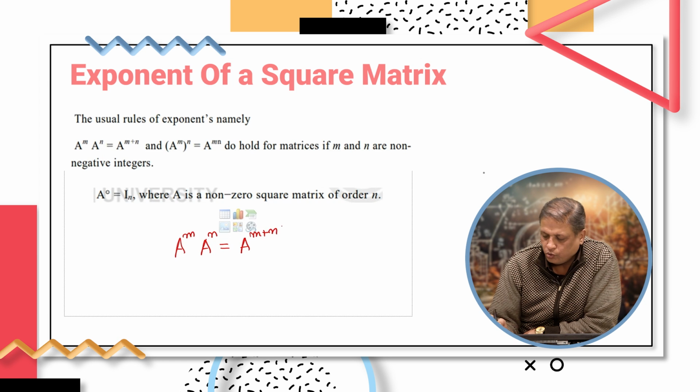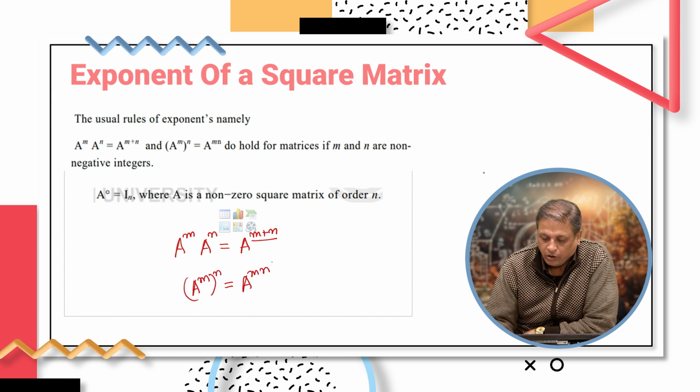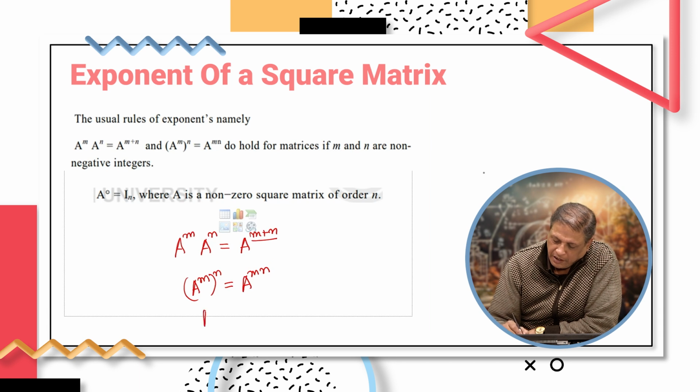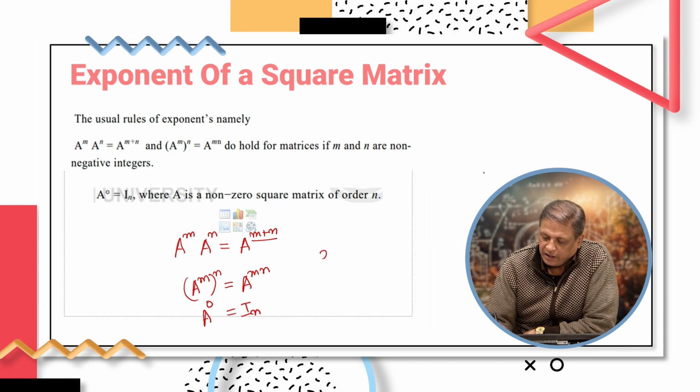This is a general rule that the exponent values get added. Apart from this, A to the power m whole to the power n is A to the power mn, where m and n are non-negative integers. Also, any matrix raised to the power 0 is equal to the identity matrix, as we know anything raised to power 0 is 1.